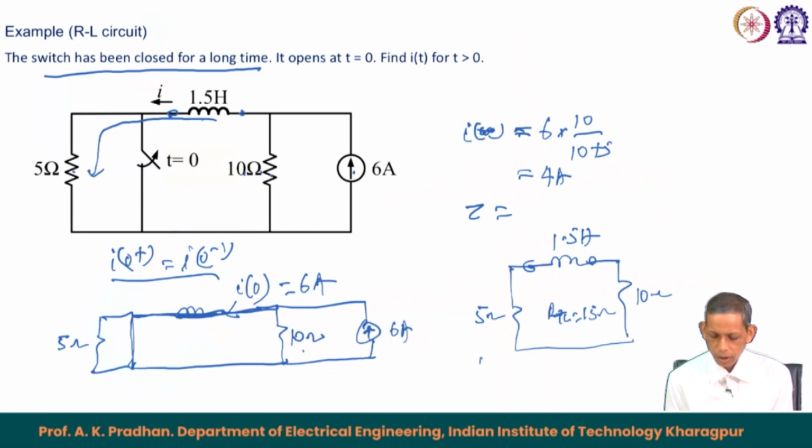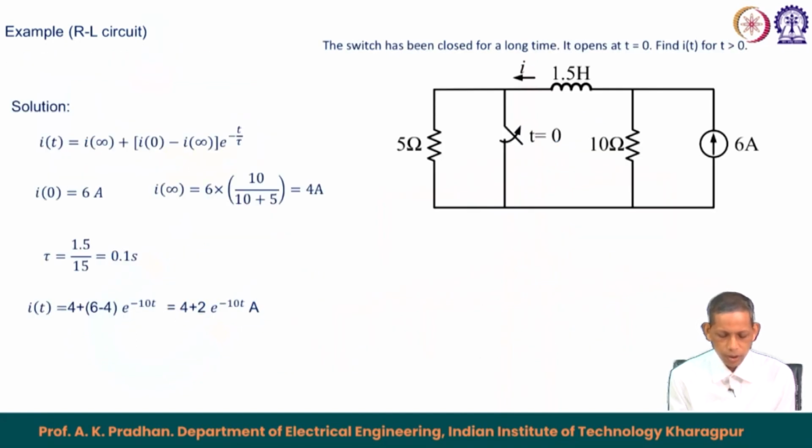Then L by R you can find out, 1.5 divided by 15, that gives you 0.1 second. Thereby we say the corresponding I naught equals 6 ampere, I infinity equals 4 ampere from the two circuits, and tau equals 0.1 second, 1.5 by 15.